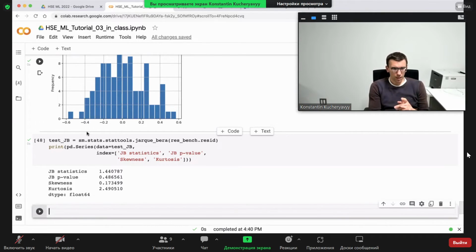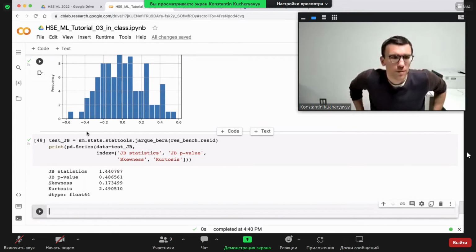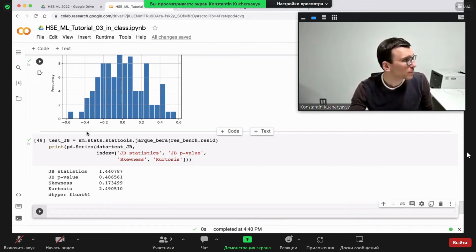For example, GDP was responding to inflation one-to-one up to a certain point, and then after some other point, it started responding differently.